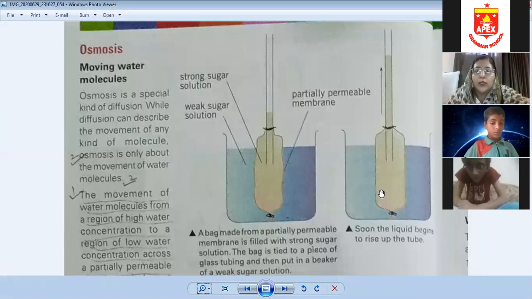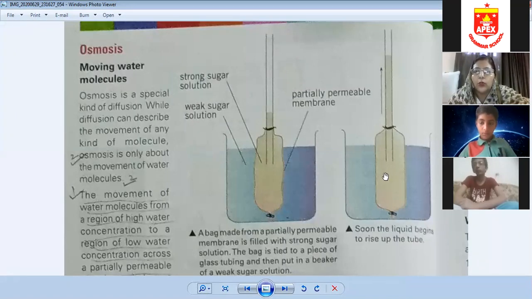So for the solution inside the polythene bag, some molecules will pass through it, but mostly the molecules will not pass through the membrane. So what will happen? They produce a pressure, an osmosis movement. We have studied that osmosis is the movement of water molecules. So the water molecules present in the strong sugar solution will rise.